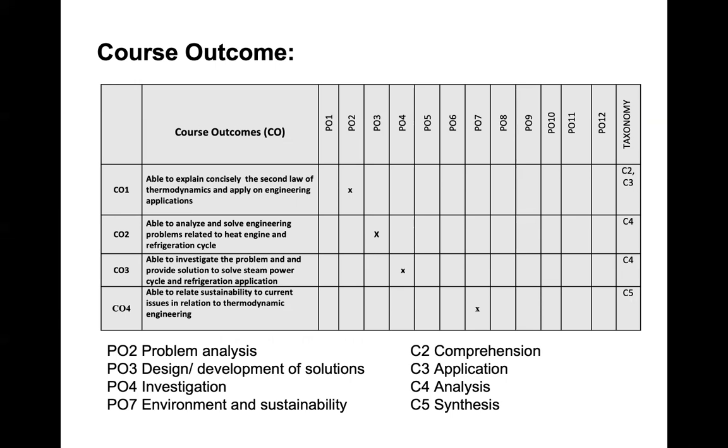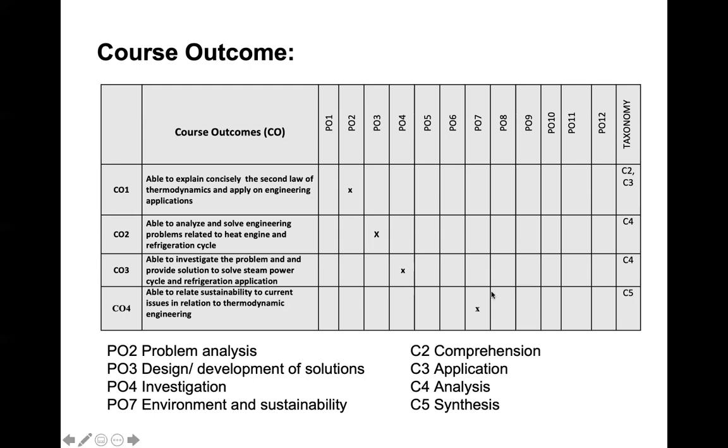So you need to know how to differentiate them, how to apply them, and how to solve the problems. CO4 is to relate sustainability to current issues in thermodynamics engineering. That's why we need to know what sustainability means in thermodynamics later.